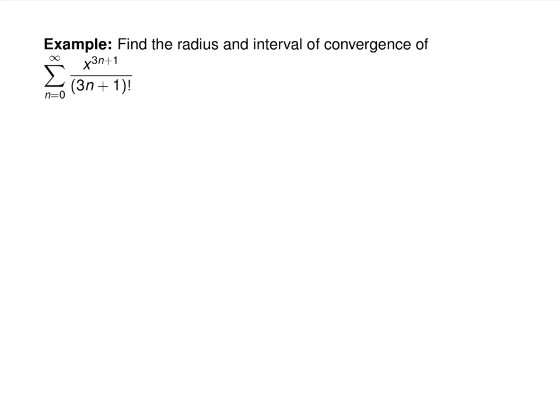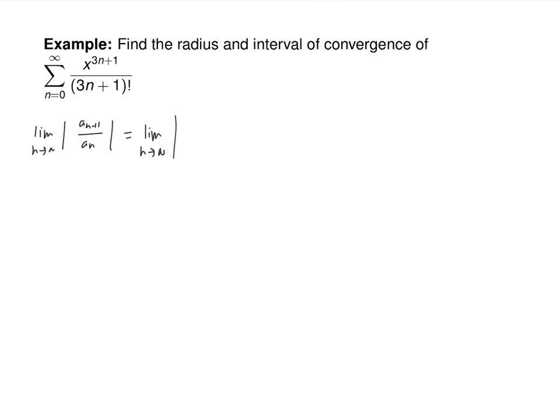Okay, find the radius and interval of convergence for this guy. So the trickiest time with these series really is the factorials. So this one we'll go through in pretty extensive detail. So find the limit as n goes to infinity of the ratio of a_(n plus 1) over a_n.